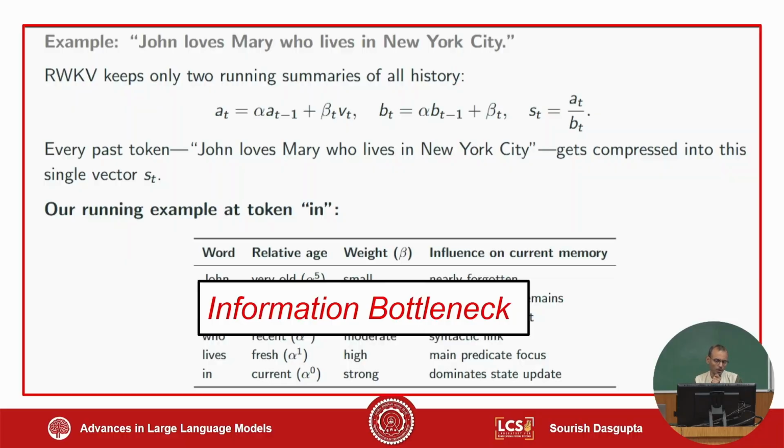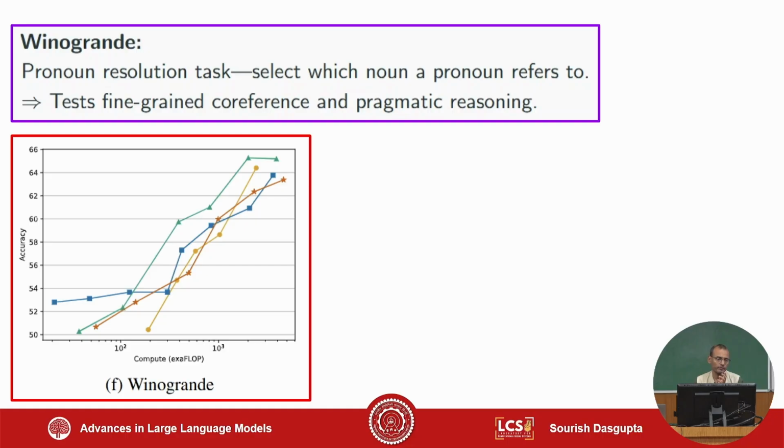Now that's the information bottleneck, because it's very hard to bring the influence or the effect of past words if they actually matter, since most of the time they will be forgotten, like John got forgotten. That's the information bottleneck that is intrinsically there in Rakov. As an example, look at the Winograd task, which is a pronoun resolution task that requires a good amount of long context understanding.